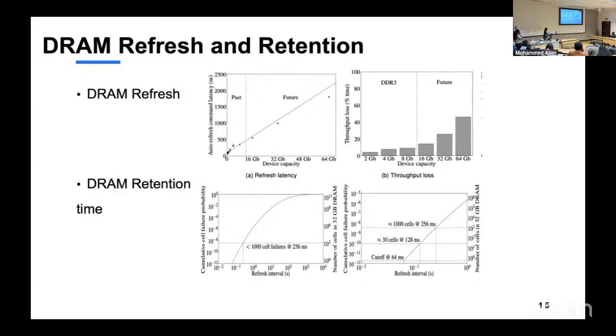It is nearly 4 times, but literally less than 1000 cells require that sort of retention time, yet we are using the same rate for everything. And the other graph tells that only less than 30 cells need less than 128 milliseconds of retention time, and less than 1000 cells need less than 256 milliseconds of retention time.